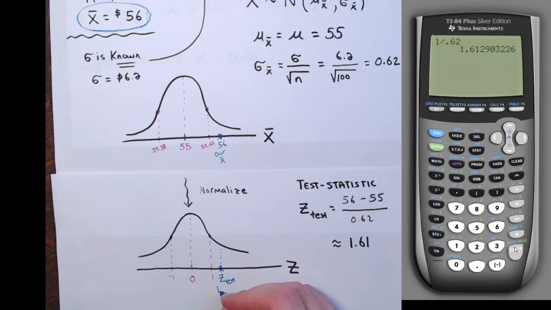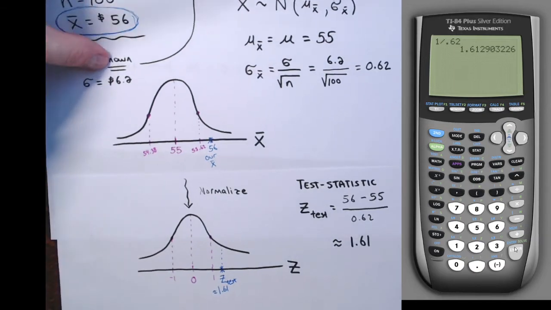There's the z-score for our sample mean. That's called the test statistic. After the test statistic is found, what you do depends on what approach you're using. Now we are using what's called the critical value approach. Now this is a right-tailed test. We saw that earlier.